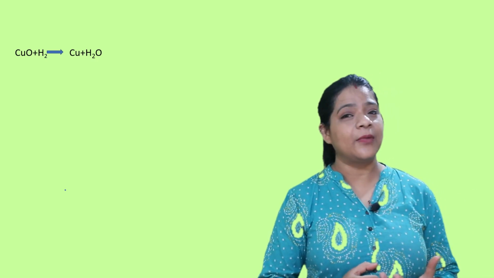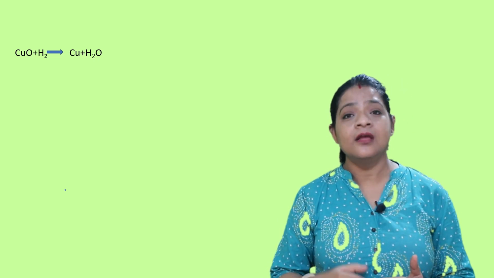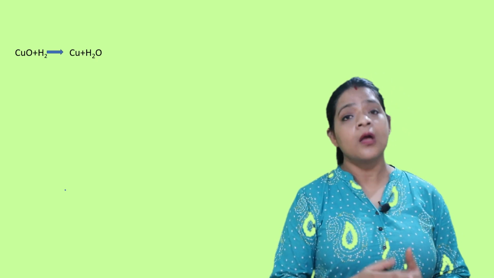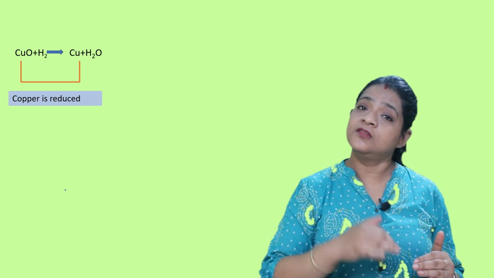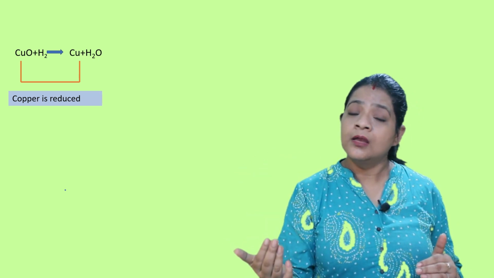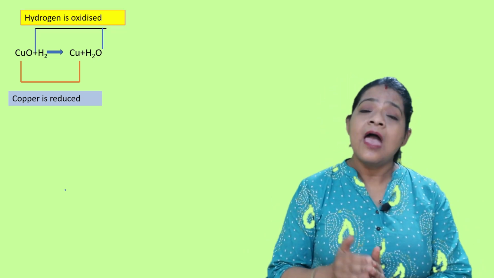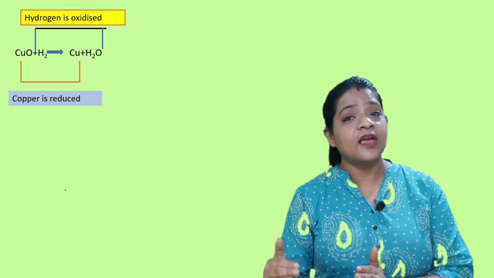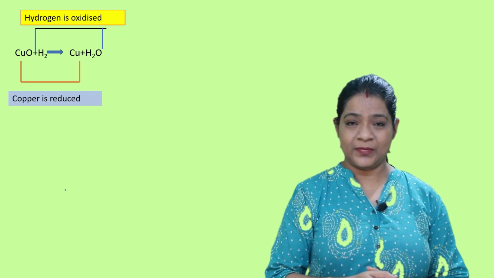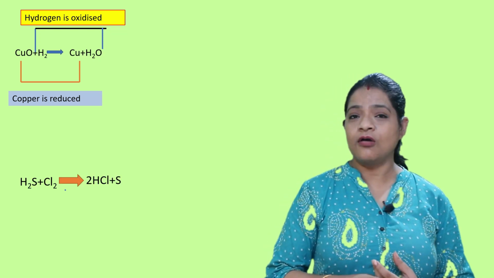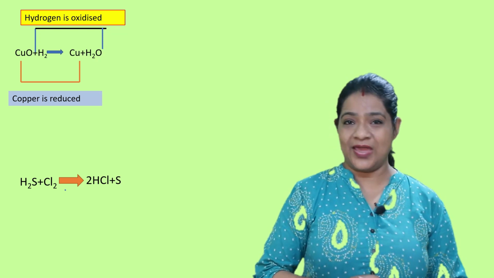Let's look into some examples of redox reaction, where copper oxide reacts with hydrogen to form copper plus H2O. Over here, oxygen is removed from copper, means copper has been reduced due to the removal of oxygen, and hydrogen is being oxidized due to the addition of oxygen. Another example of redox reaction is H2S plus Cl2 gives S plus 2HCl.